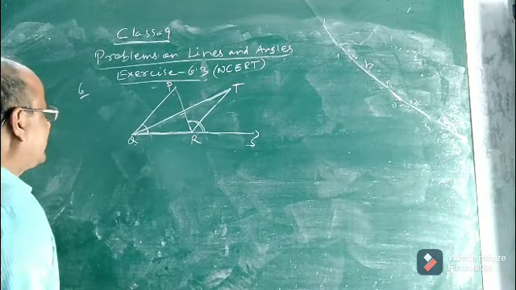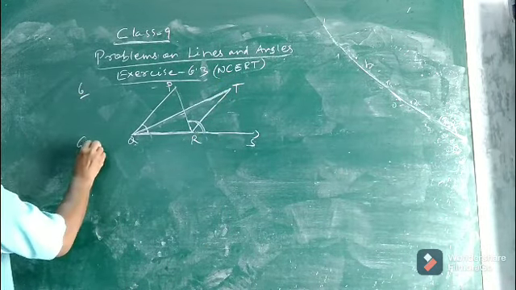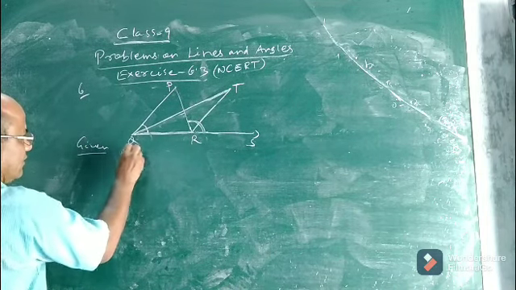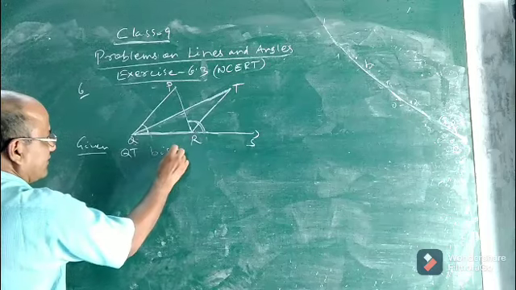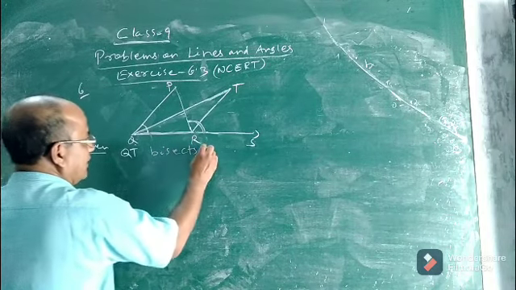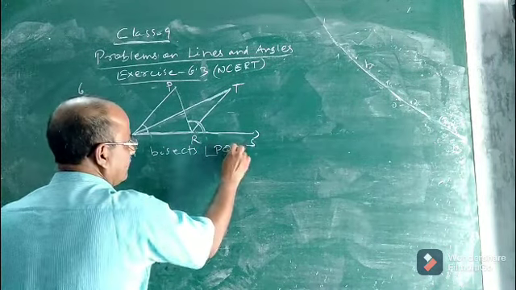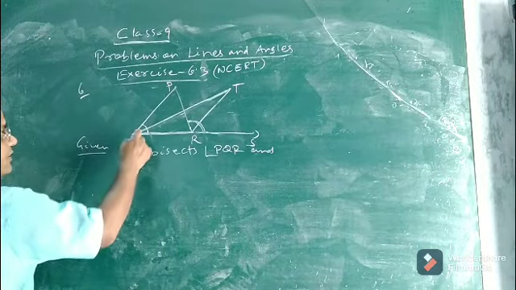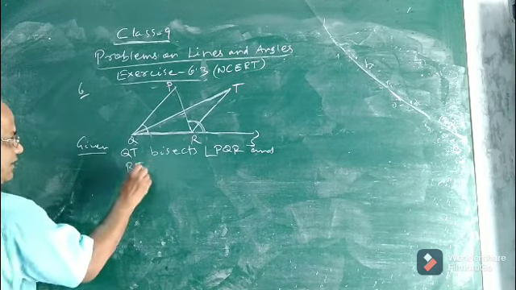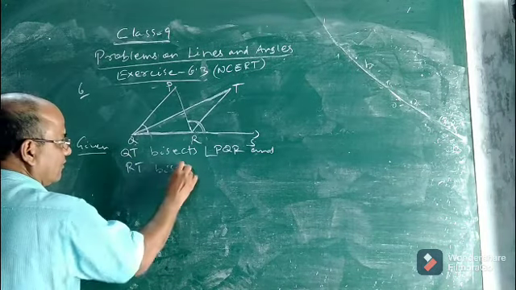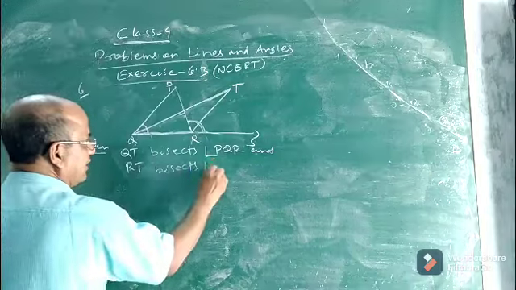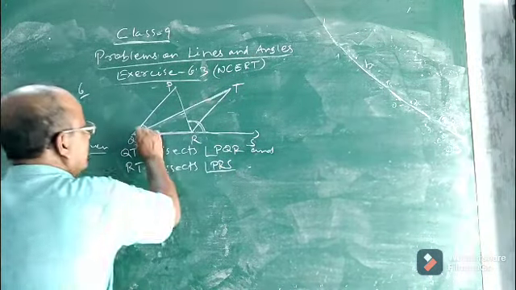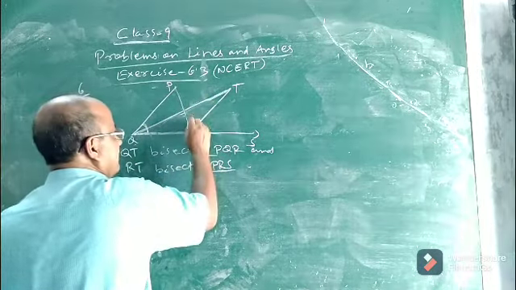So what is given? I am writing here. QT bisects angle PQR, and RT bisects angle PRS. It is given. So QT bisects this angle and RT bisects this angle.